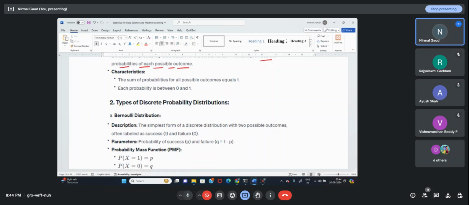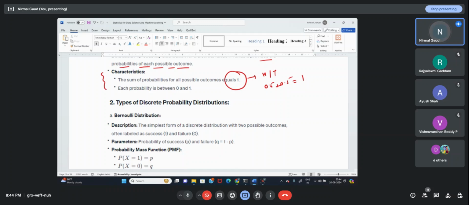Before binomial and Bernoulli, there are certain characteristics of discrete distributions. The sum of the probabilities of all the outcomes is equal to 1. For head and tail, the probability is 50% for both, so the sum is 1.